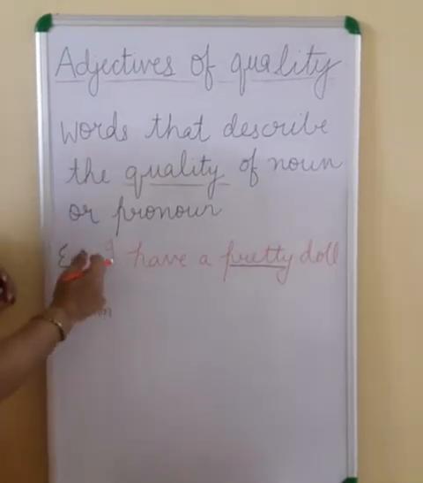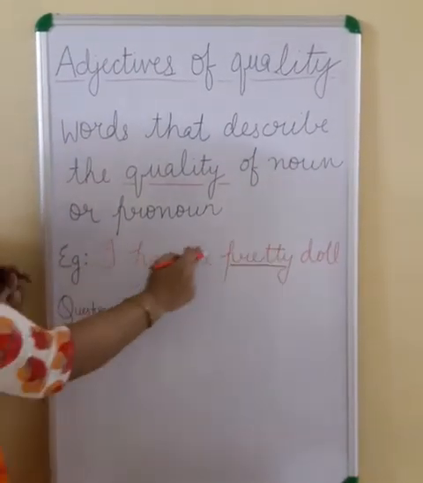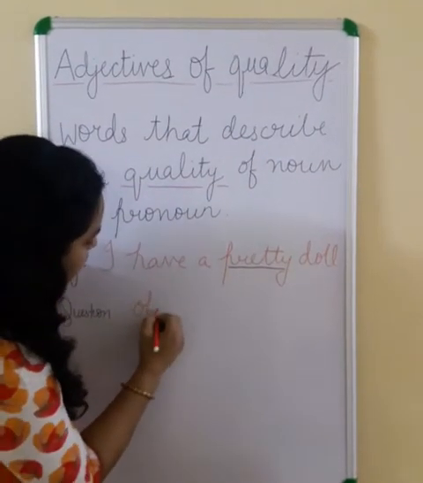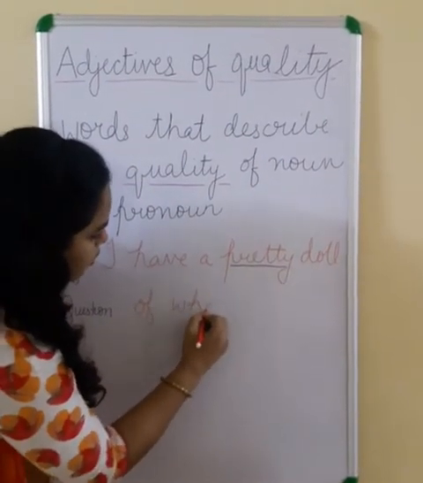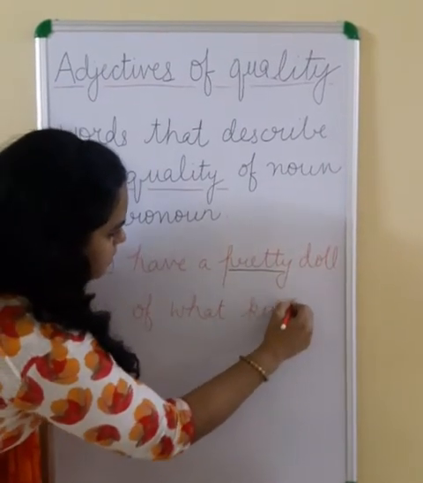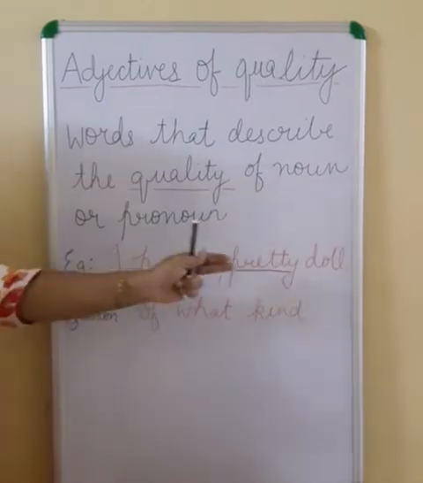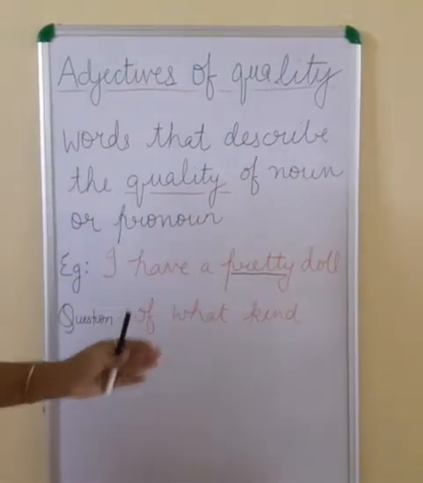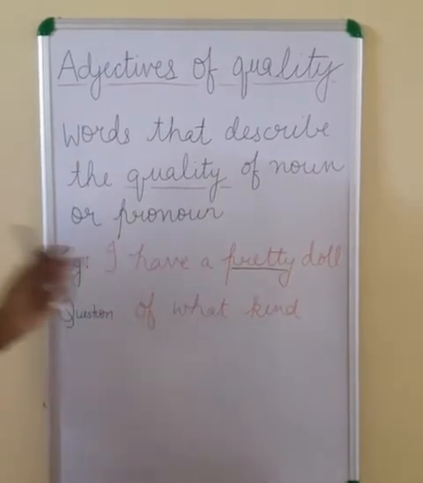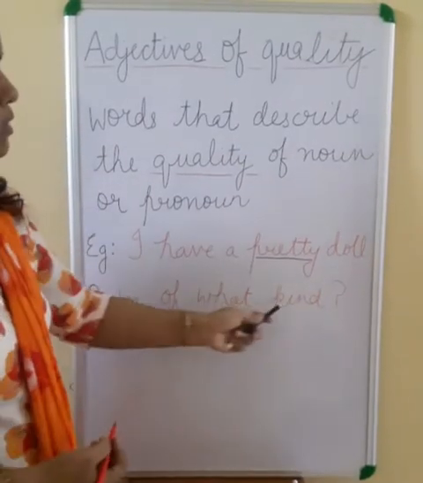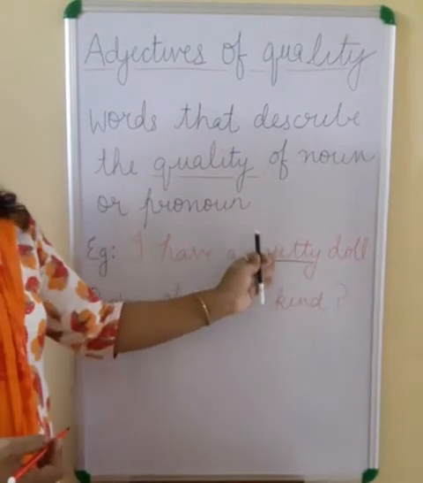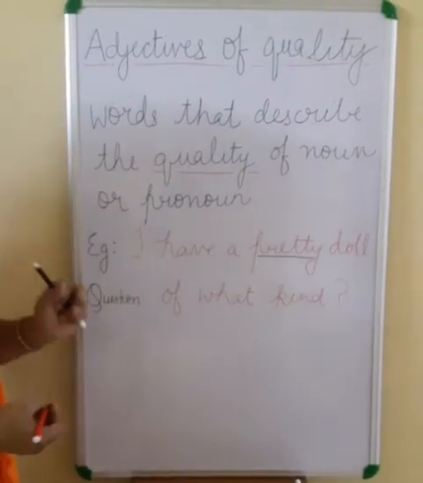The question to which the answer is "I have a pretty doll" is: of what kind? So, pretty is the adjective of quality because it tells us about the kind of doll that you have. We can use different adjectives for this doll.